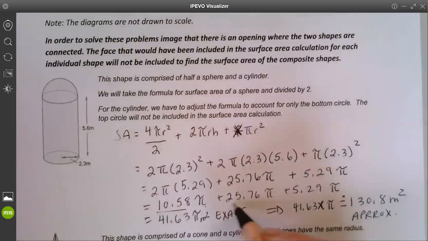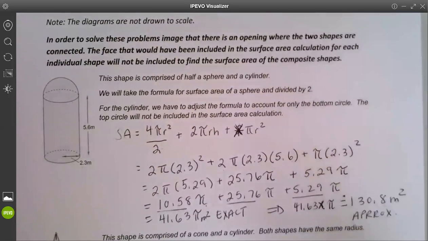Now, everything that is common, each one of these terms has a pi. So it's like the variable x, okay? Pi is a placeholder for a number. So I am going to add all the numeric coefficients, the 10.58 to the 25.76 to the 5.29 to get 41.63 times pi. This is an exact answer because pi is in its entirety.